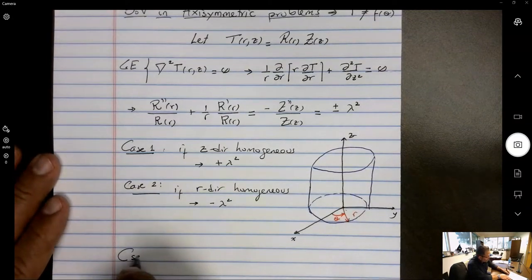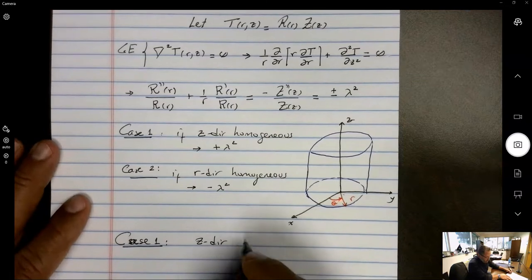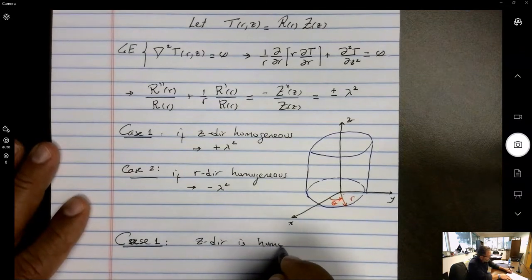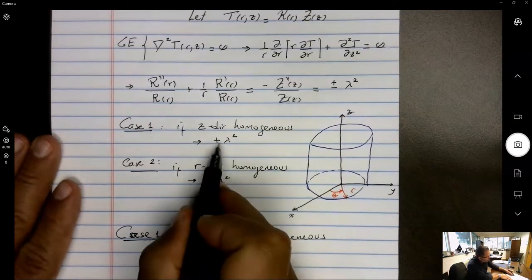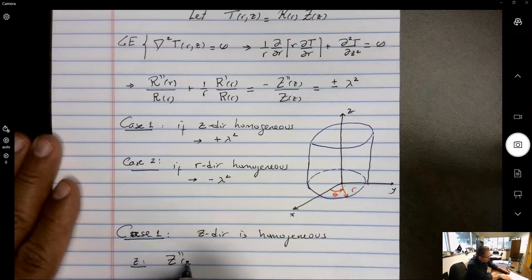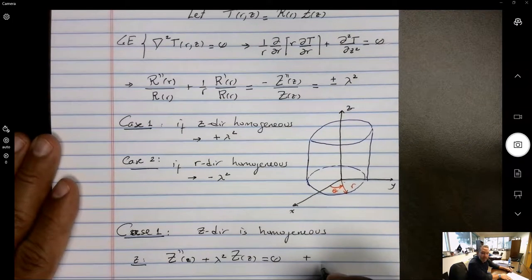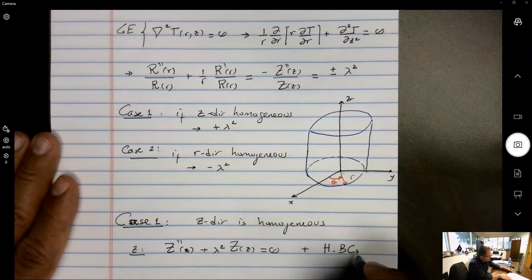So let's start with case 1. In case 1, the Z direction is homogeneous, meaning that the boundary conditions in the Z direction are homogeneous. So we pick the plus sign on the separation constant, and the equation in Z will result: Z double prime of Z plus lambda squared Z of Z is equal to 0, plus 2 homogeneous boundary conditions.